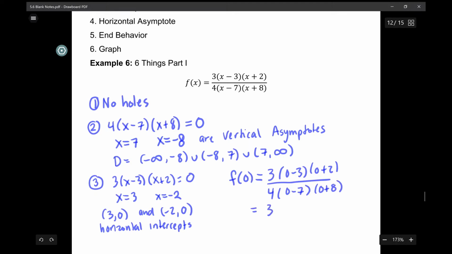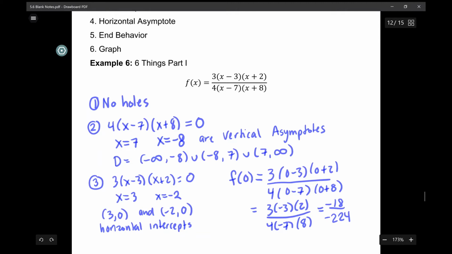Equals 3 times negative 3 times 2 over 4 times negative 7 times 8. So the numerator is 3 times negative 3 is negative 9, negative 18 over, I don't know what 28 times 8 is, to be honest with you. Grab my calculator. 4 times negative 7 times 8 is negative 224.